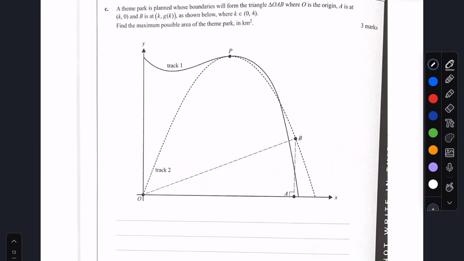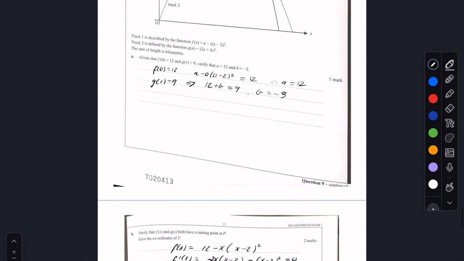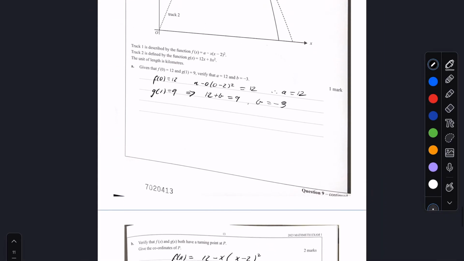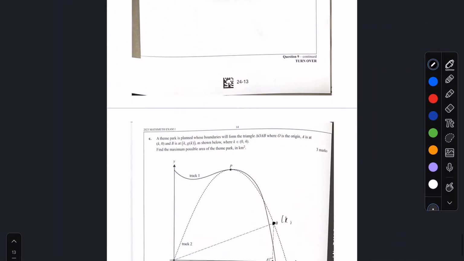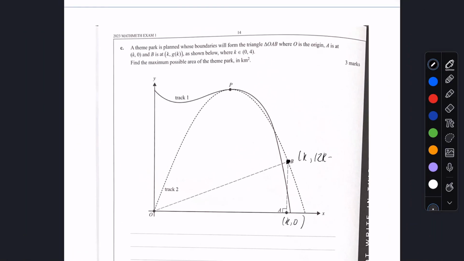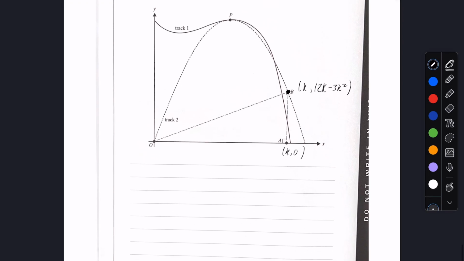So O is the origin, A is (k, 0) and B is at g of k, so (k, g of k), which is 12k minus 3k squared. And so you just want the maximum area of this triangle.